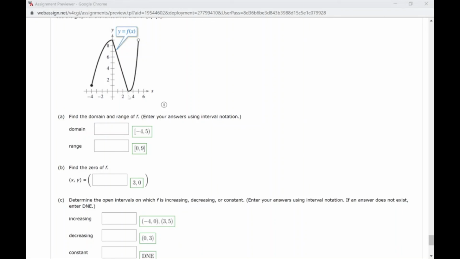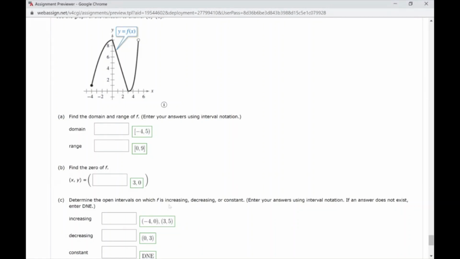The only time your y is 0 is when x is 3. I'm just saying it in another way. 3, 0. Now notice they already put parentheses. They kind of help you out, so they may mark it wrong if you put another parenthesis. So be careful with that.